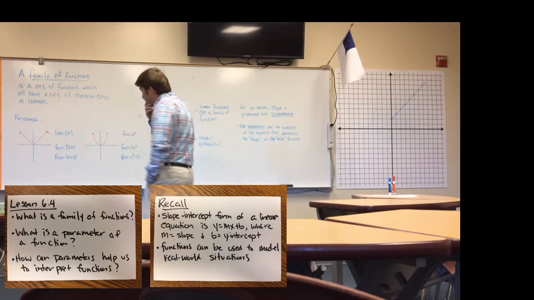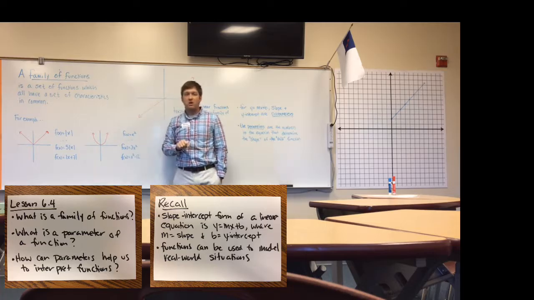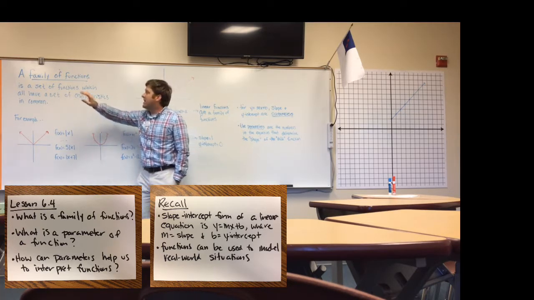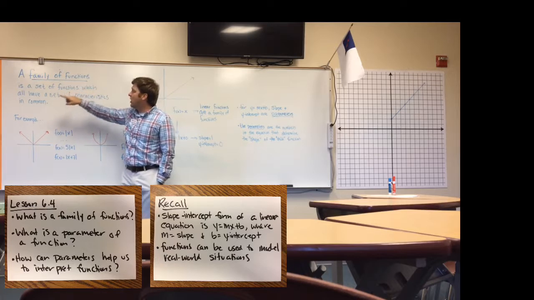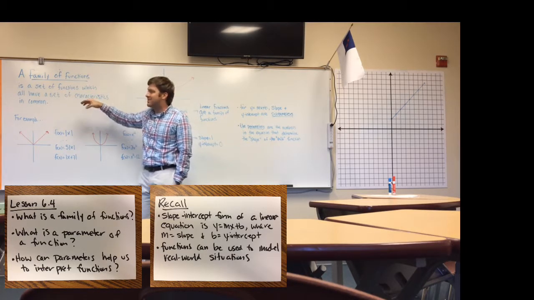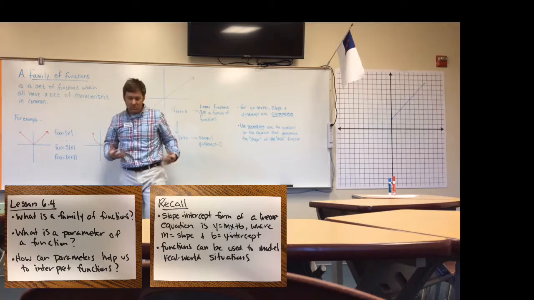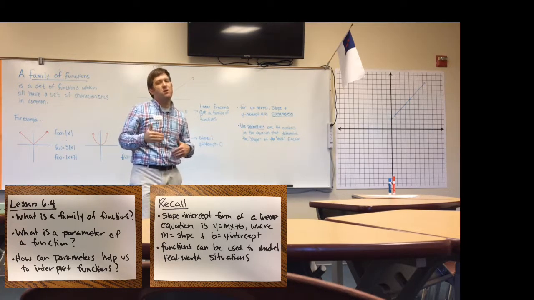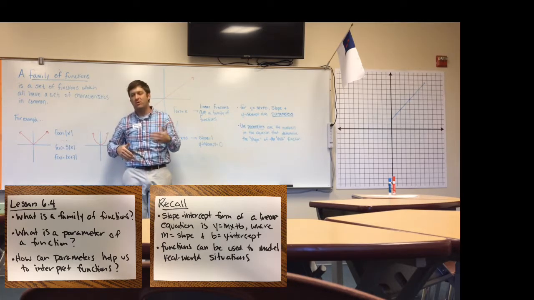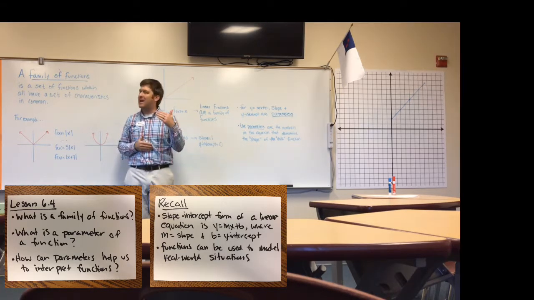So right here, I'm going to start off by just telling you straight away, a family of functions is a set of functions which all have a set of characteristics in common. So remember, a function is a relationship with a set of inputs and a set of outputs, where every input maps to exactly one output.